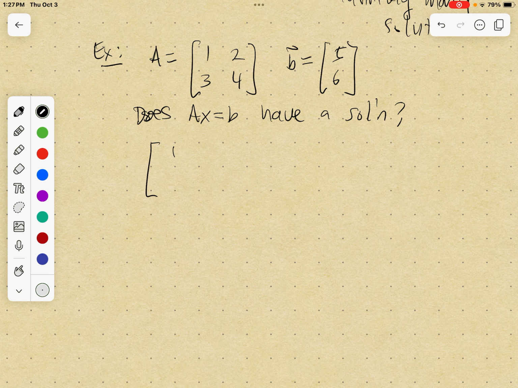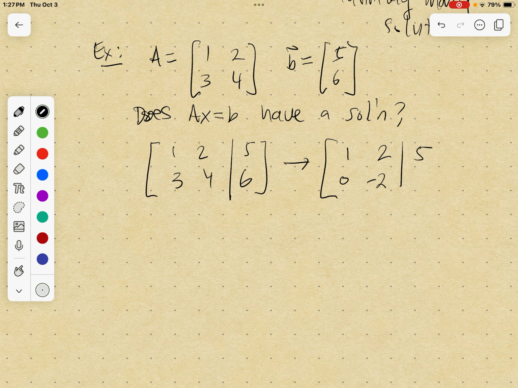Well, let's set up the augmented matrix and row reduce. When you do that, row 2 goes to row 2 minus 3 times row 1, so you're going to get 0 here, and negative 2, and negative 4.